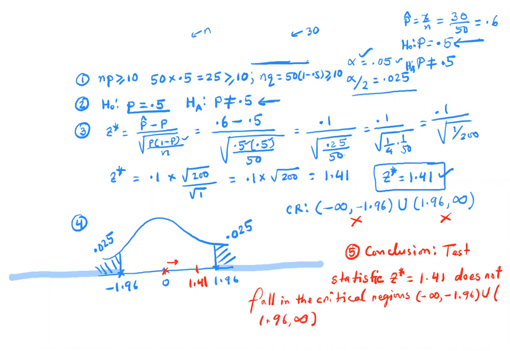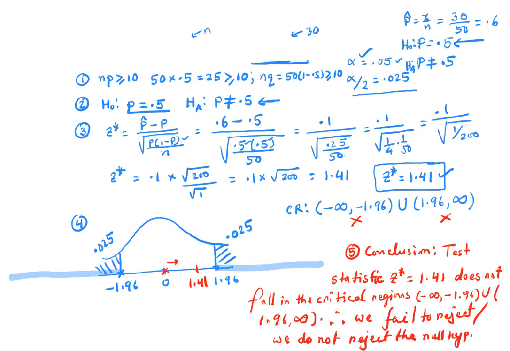It does not fall in these critical regions. Therefore, we fail to reject, or we do not reject, the null hypothesis that P is 0.5 or 50%. And that is the whole story.